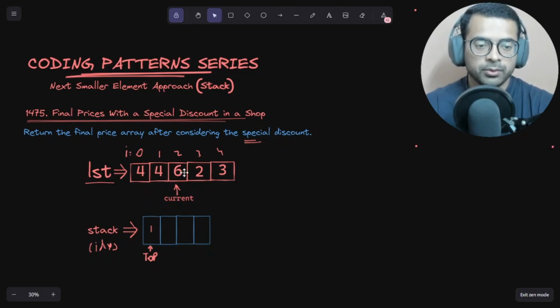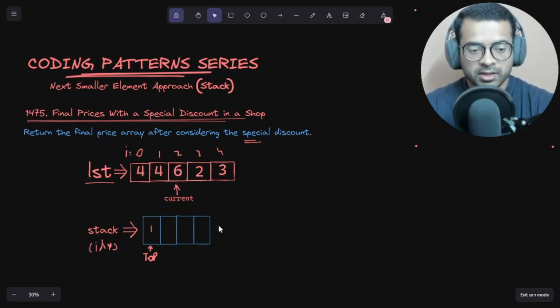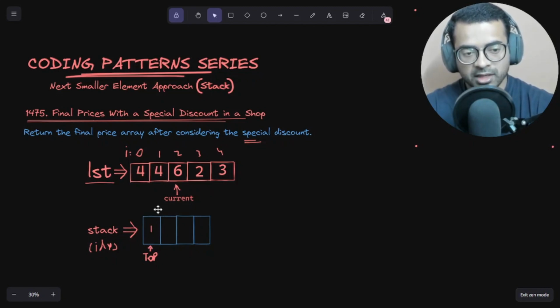Now our current pointer is pointing towards 6. Now again we will check whether our stack is empty or not. No, our stack is not empty. Then we will check whether the value at index that is currently on top of our stack is greater or equal to the value at current pointer.